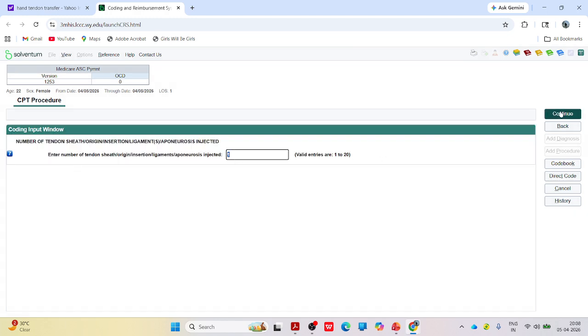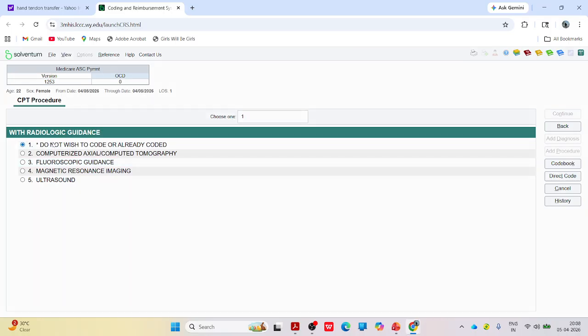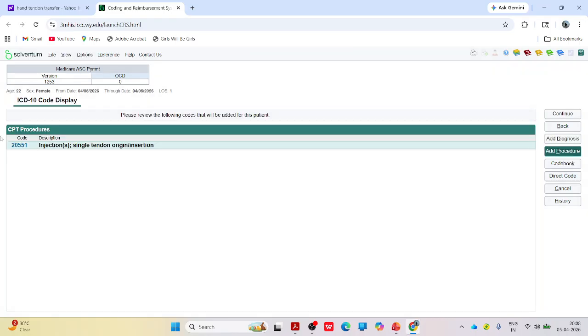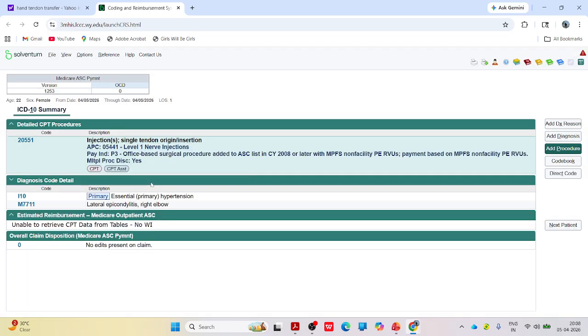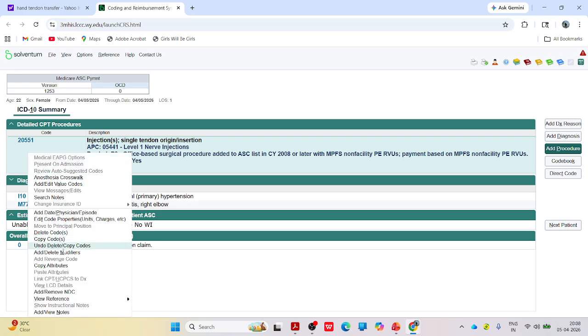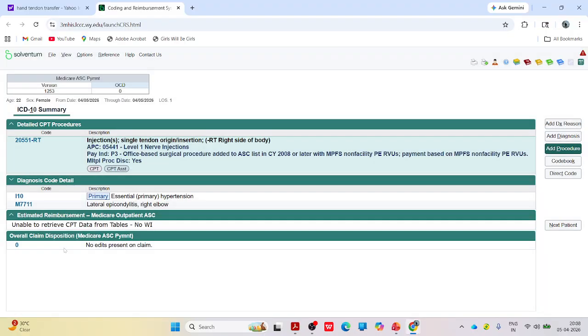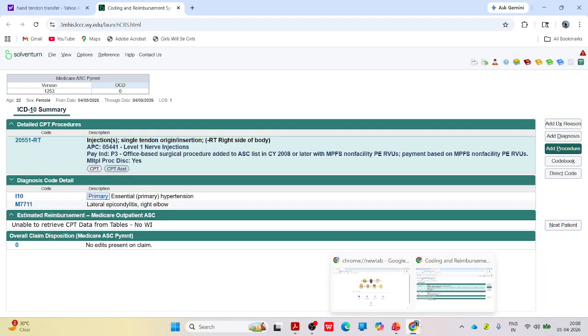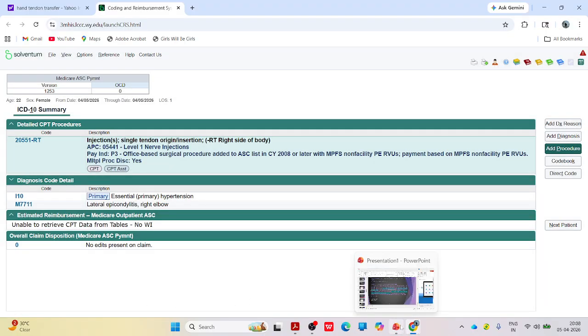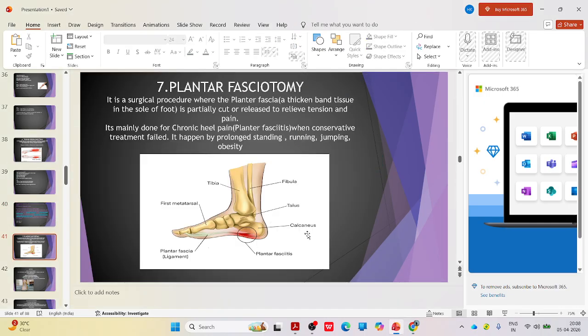Okay, so it's one, no need to code more. So it's 20551. So this way we can navigate that. And since it's on the right side, we'll give the modifier for the right side. Okay, so that's it. Now coming to the next, that is plantar fasciotomy.